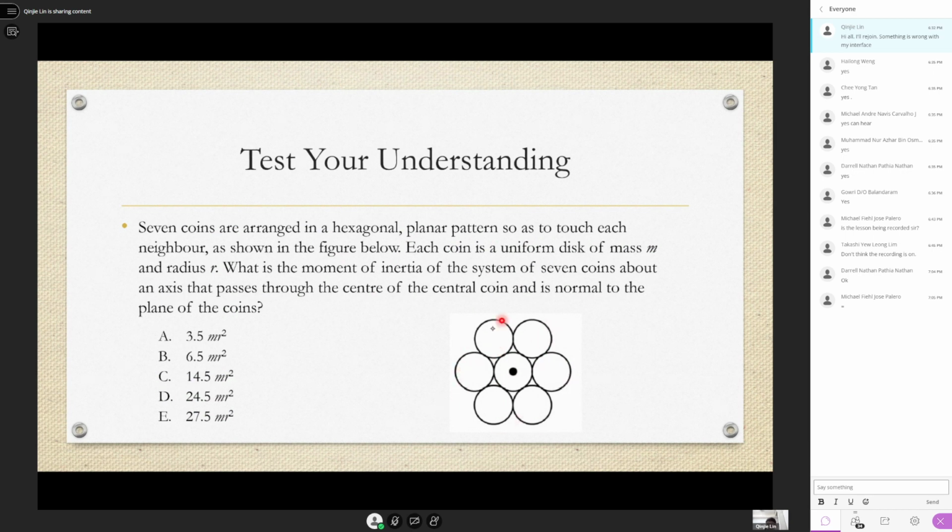What is the moment of inertia for this entire object? Take another maybe 2 minutes to try it out. Think about the concept.